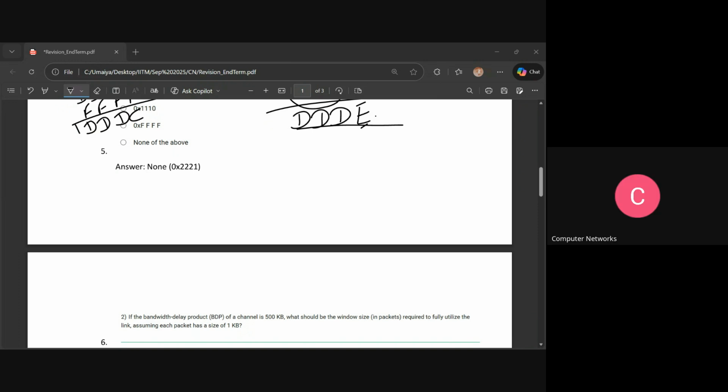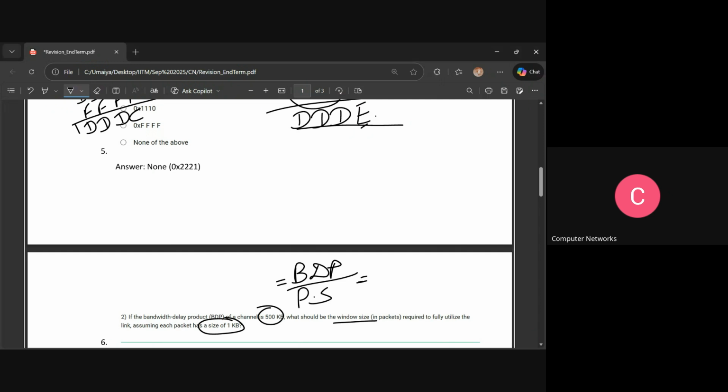BDP and packet size are both given, so it will be 500 divided by 1, which means 500 is the answer here.